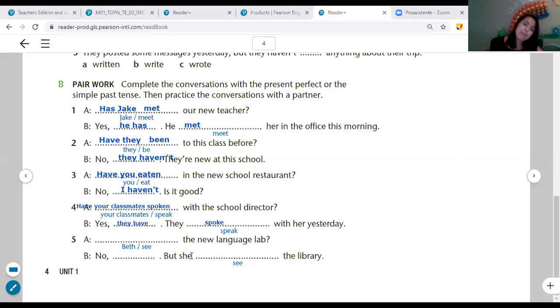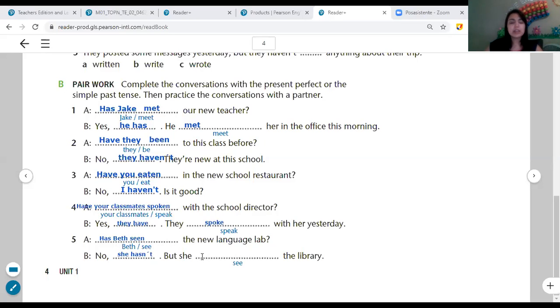Number 5, Beth see the new language lab. Has Beth seen the new language lab? No, she hasn't.